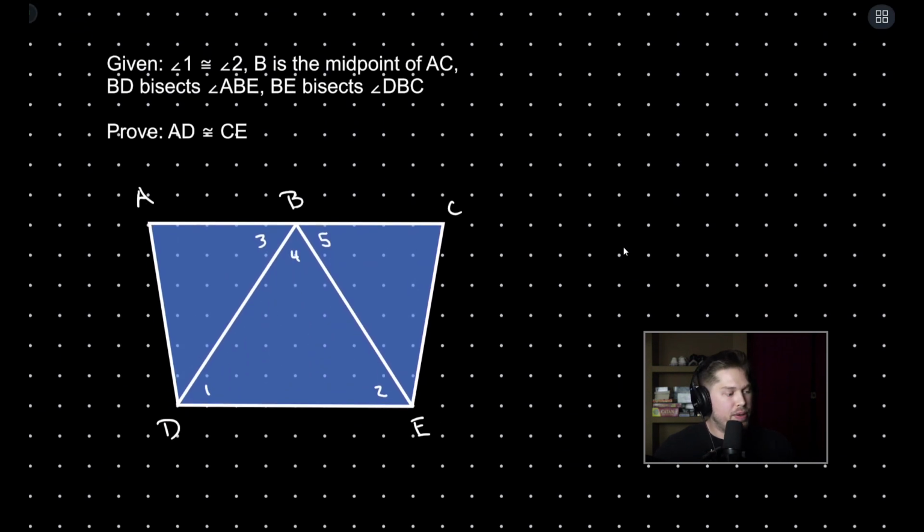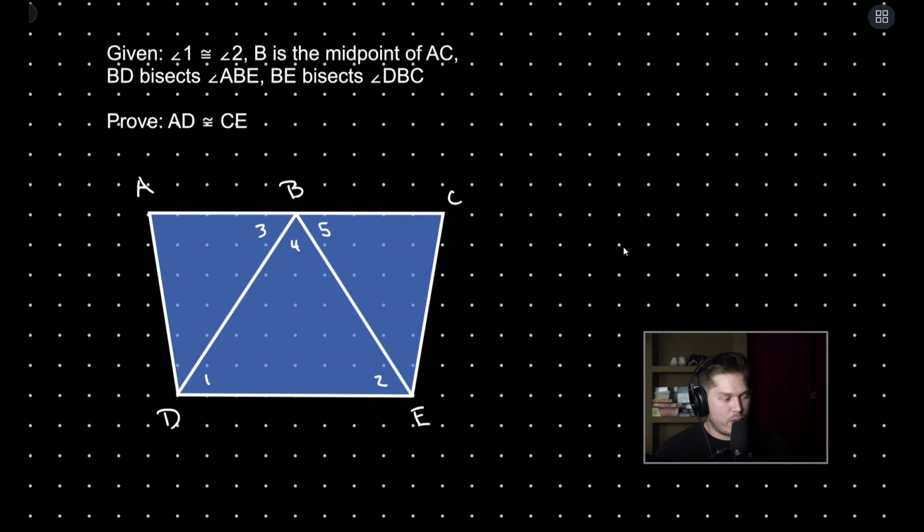So let's see what this says again. Given that angle 1 is congruent to angle 2, so I'm going to mark it. Angle 1 is congruent to angle 2, and B is the midpoint of AC, and BD, this line, bisects angle ABE.